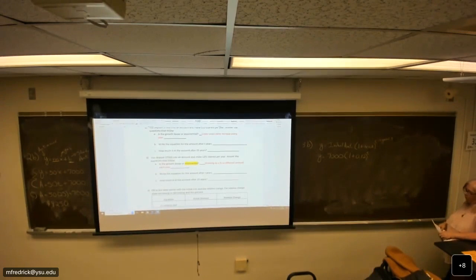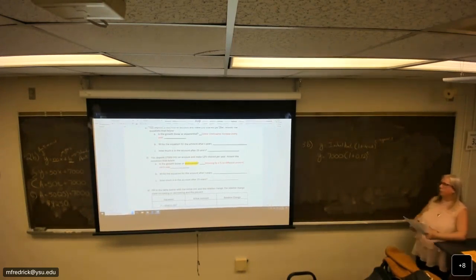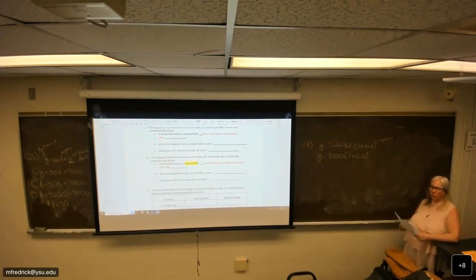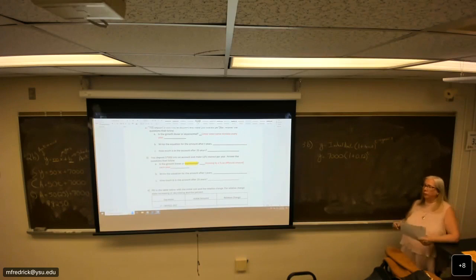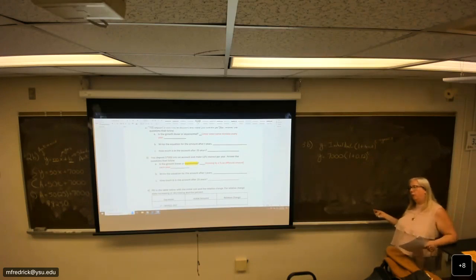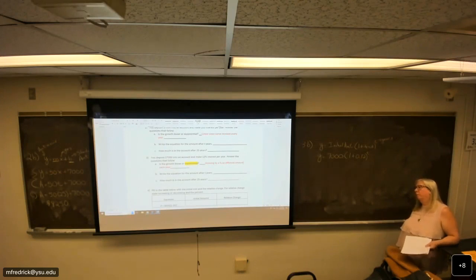Any questions on the equation? So if it's growing by a percent each time, it is exponential. If it's growing by the same amount each time, or decreasing for both of them, it's linear.